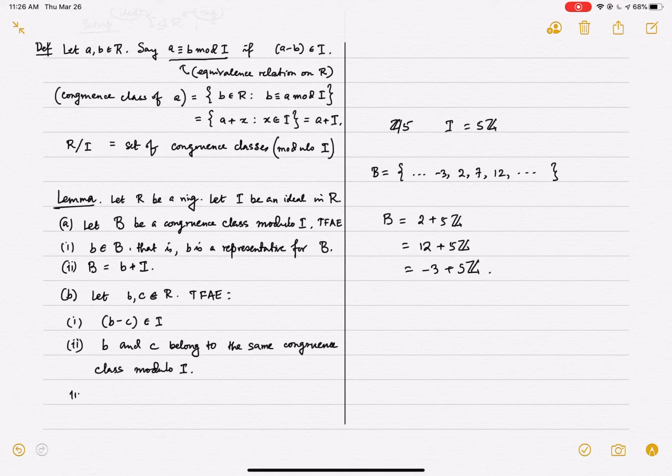And that's the same as saying that the congruence class of b is the same as the congruence class of c.